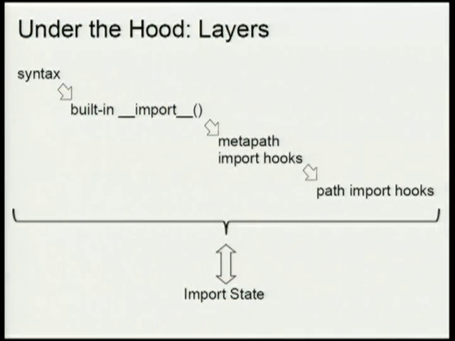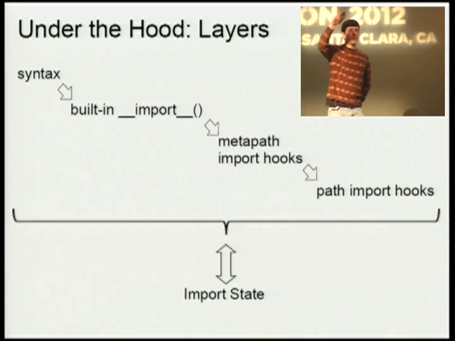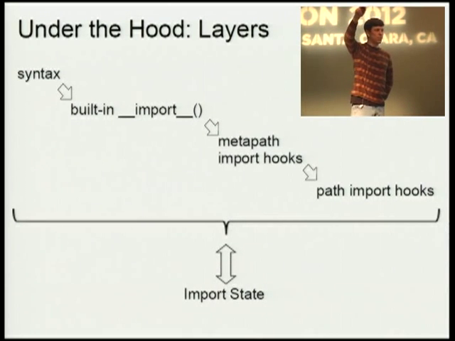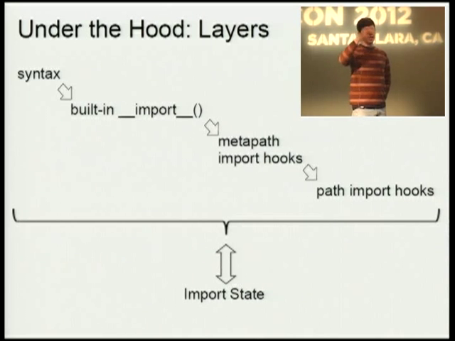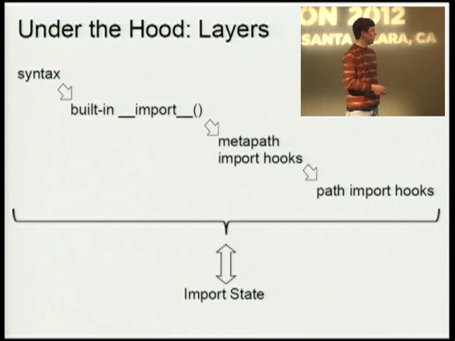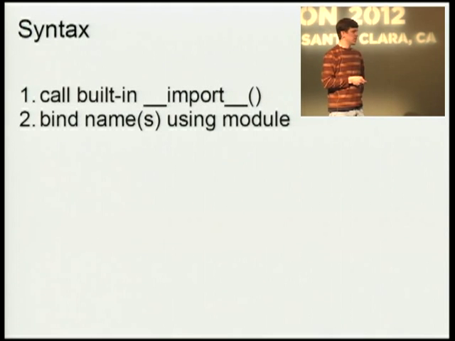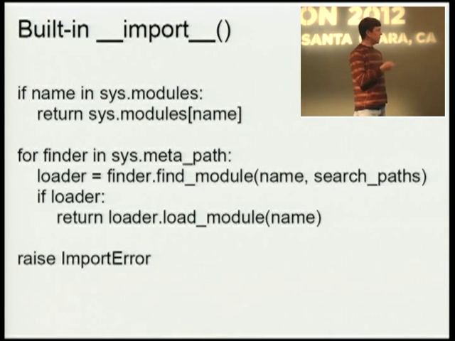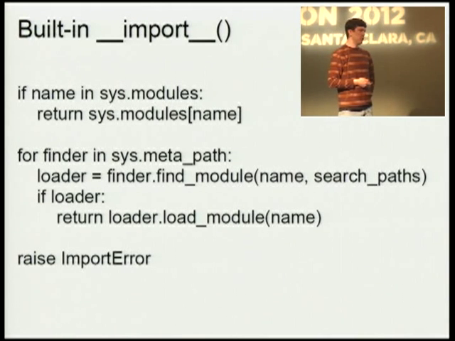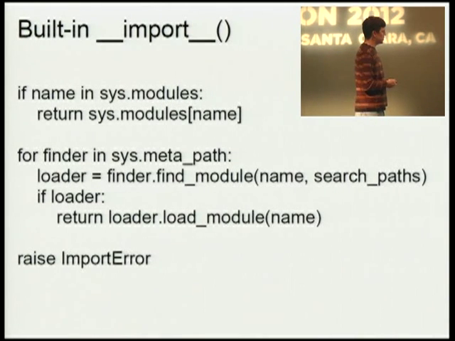So let's first talk about how imports work. We can look at it at different layers. First we start at the import syntax. What's it doing behind the scenes? It's calling the built-in import. And then the names get bound, and there's a few more things going on. What does the built-in import look like? Basically, first it's going to check to see if you have the module already loaded, kind of a short circuit there.